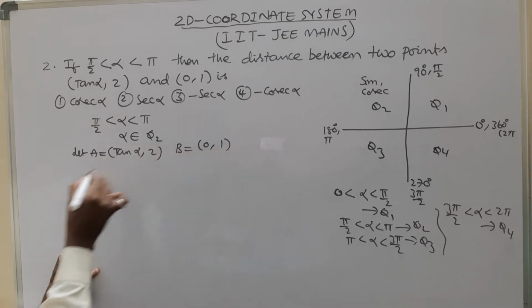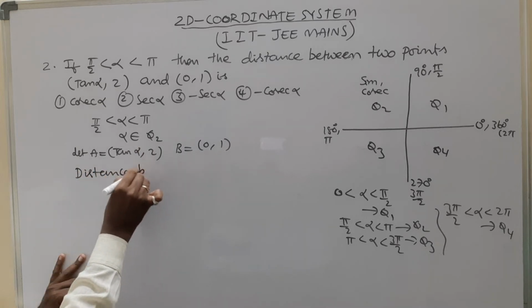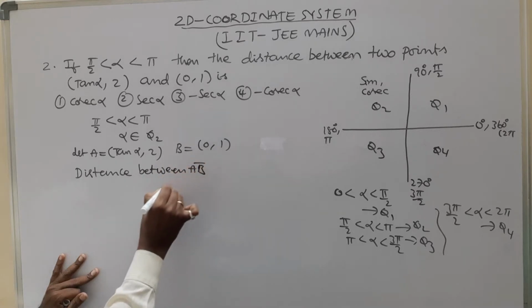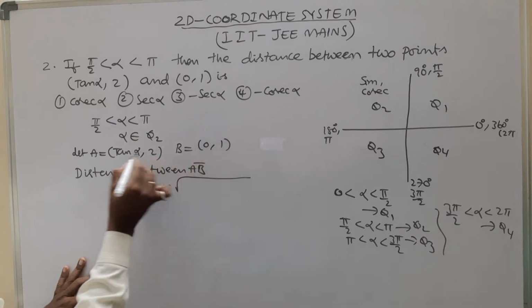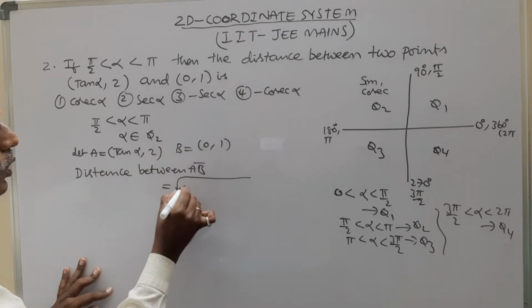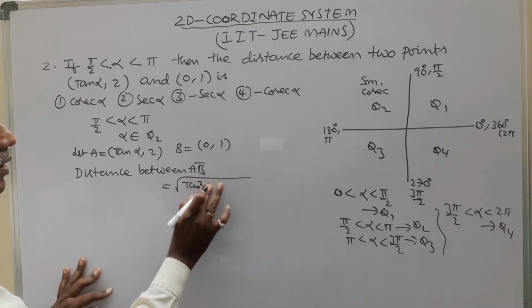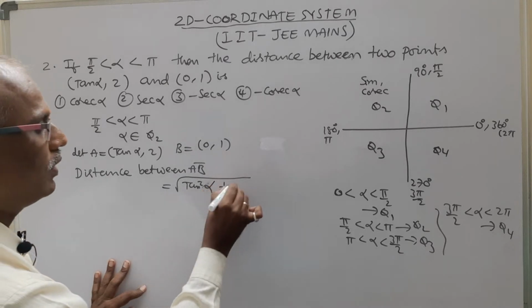To find the distance between AB, the square root of the difference of x coordinates whole squared, (tan alpha minus 0) whole squared, tan square alpha, plus (2 minus 1) squared, which is 1.